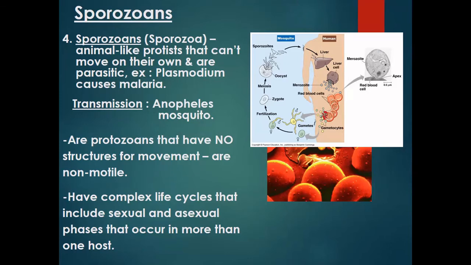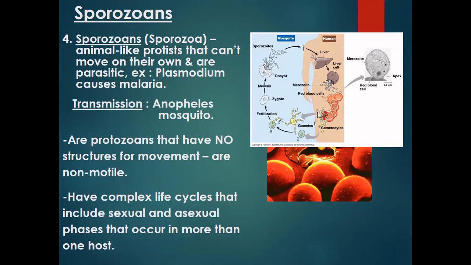Now, the merozoites, since the liver is connected to the circulatory system, especially at the portal area, will go to the bloodstream, then invade the arteries where the RBCs are found.